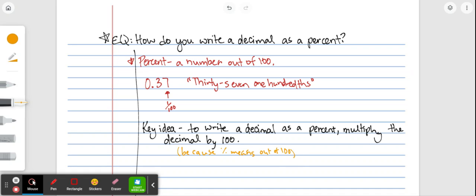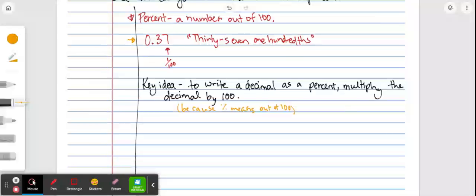So yesterday, when we were making a percent into a decimal, we took that percent and divided it by 100 because we're breaking it into those hundredths. But here, when we start with a decimal, we need to multiply it by 100 to make it a percent.